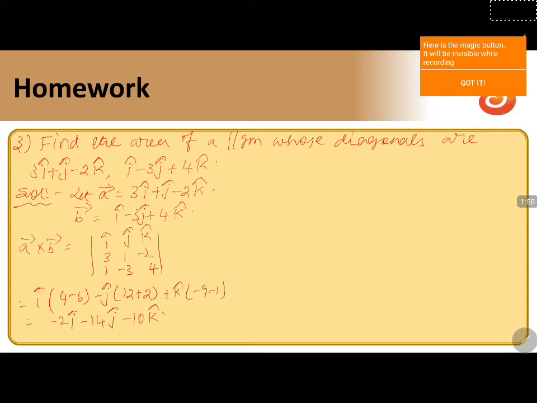Now we will calculate the magnitude of a vector cross b vector.